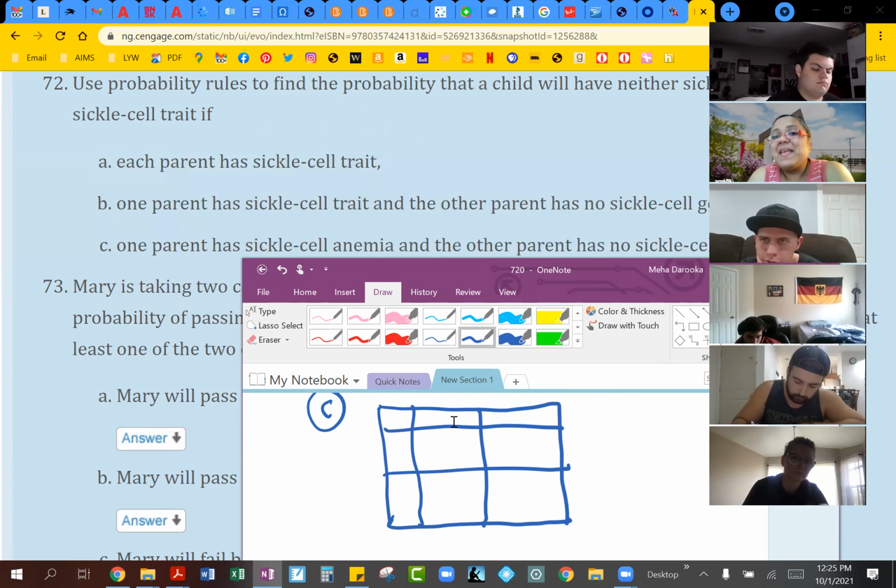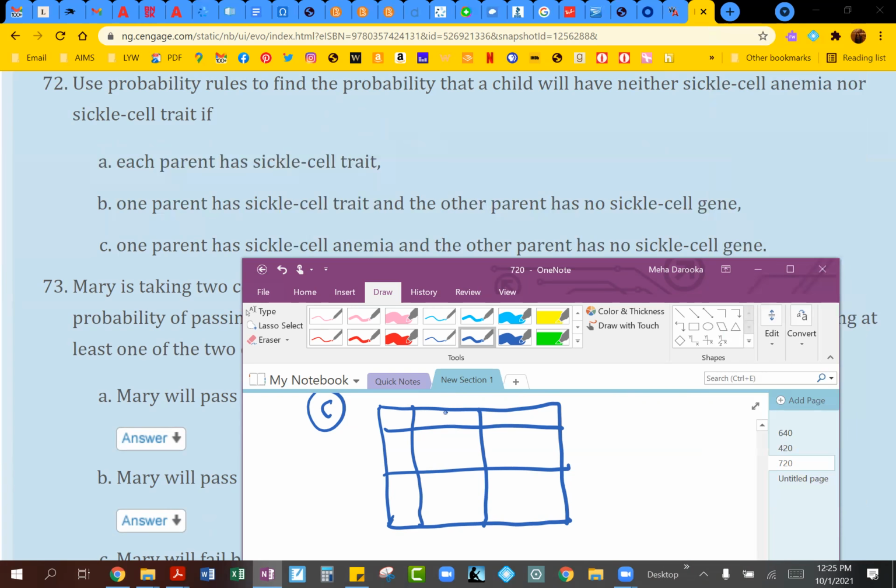Both S. Very nice. And that's something to be careful about as you're going through these examples. So that's actually the parent, because they have the disease. Remember, that means they have both SS genes in them. And then the other parent who has no sickle cell gene, of course, that is the parent with the two N's.